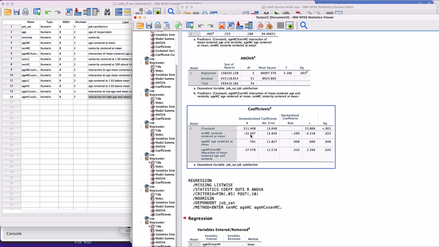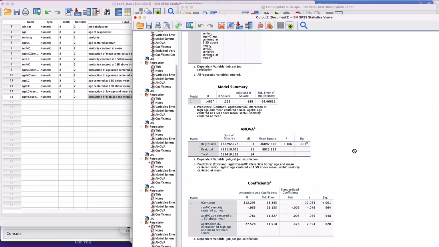And this is how much the regression coefficient for seniority, that relationship between seniority and job satisfaction, changes. And that's the only piece of information we want: our unstandardized regression coefficient, the t test, and significance. All this other we're not after.